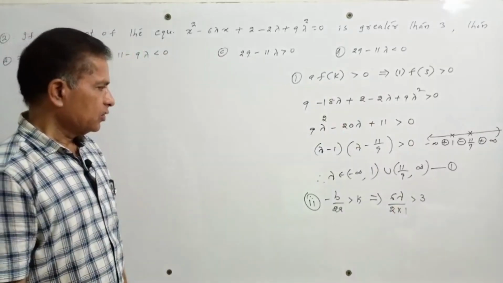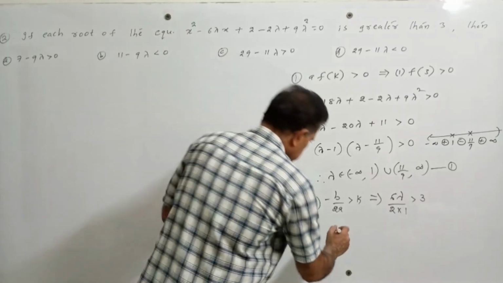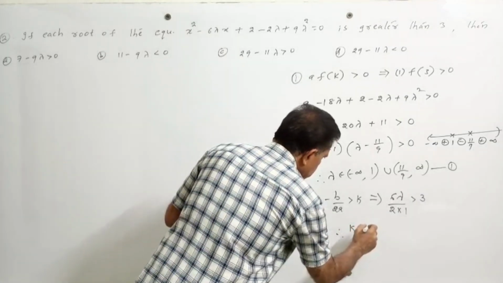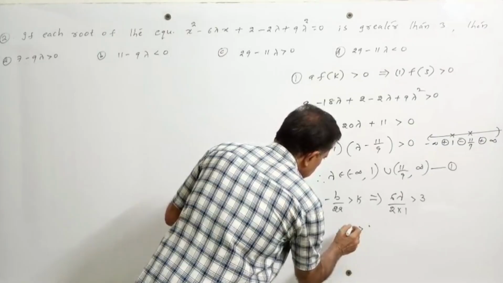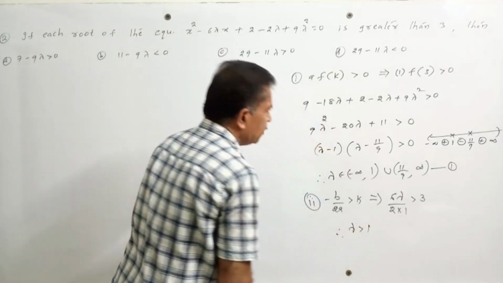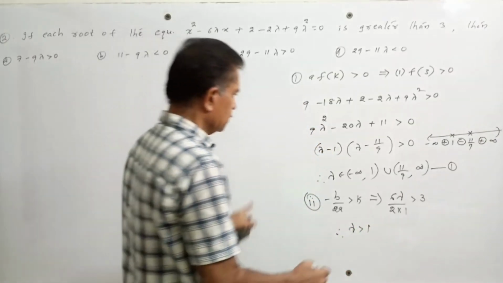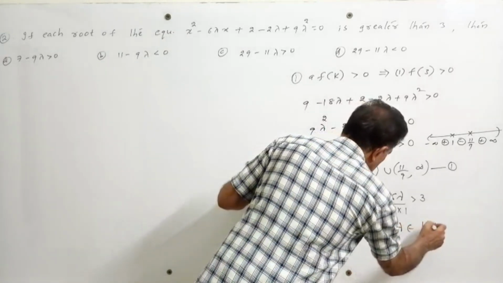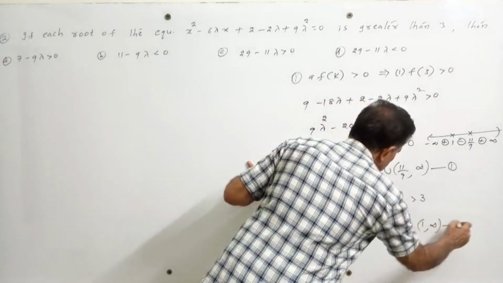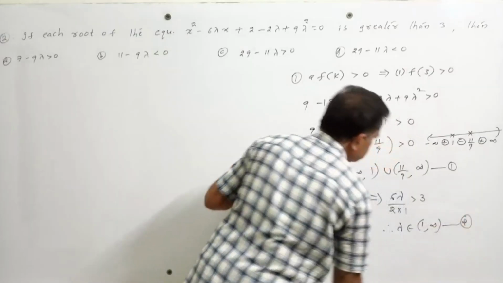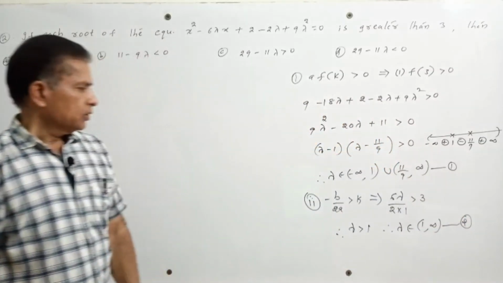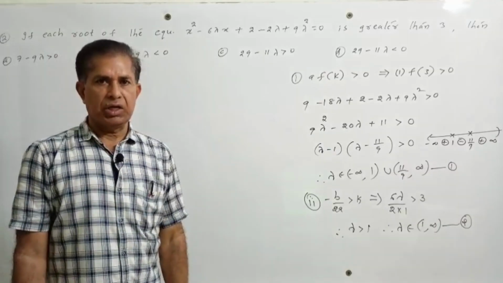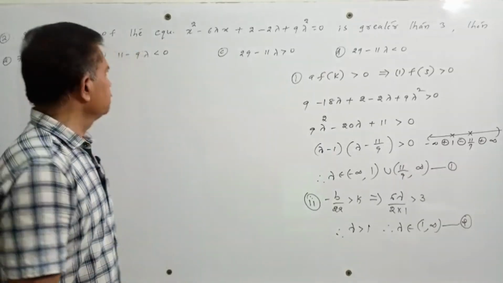So common factor 6 will get cancelled. Therefore lambda must be greater than 1. Lambda greater than 1 means lambda lies in the interval 1 to infinity, 1 is open. So second condition is satisfied if lambda lies in the interval 1 to infinity.